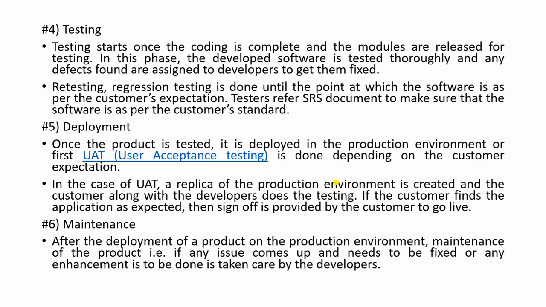The next phase is the maintenance phase. After the deployment of a product, maintenance of the product in the production environment, that is, if any issue comes up and needs to be fixed or any enhancement is to be done, is taken care of by the developers. This is the maintenance phase.